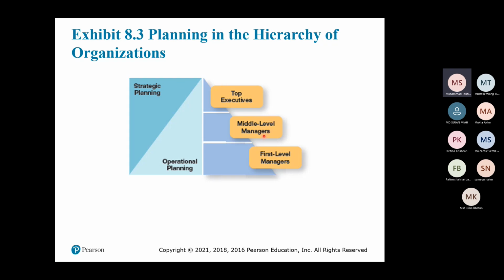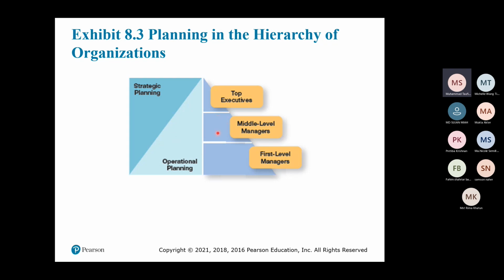Then you can see as we go down the management level, middle level managers and first level managers are more on operational planning, how they want to plan for their own team or their own department. Middle level managers have to do both.